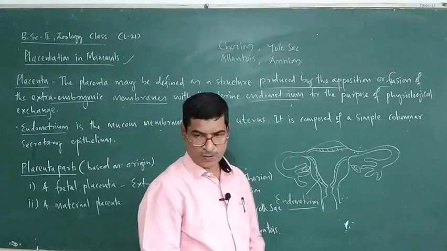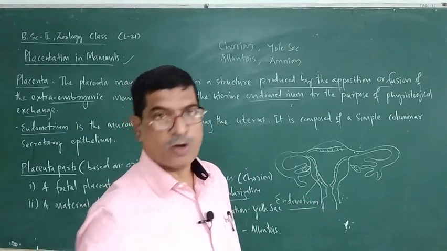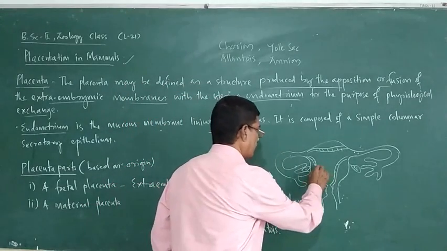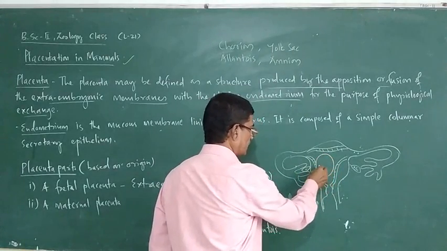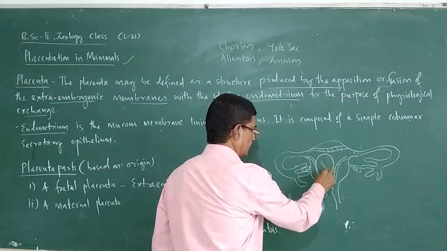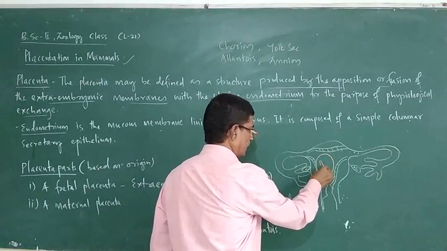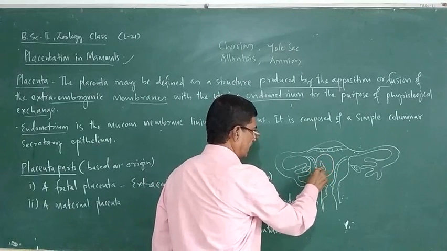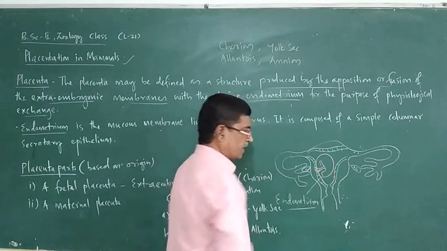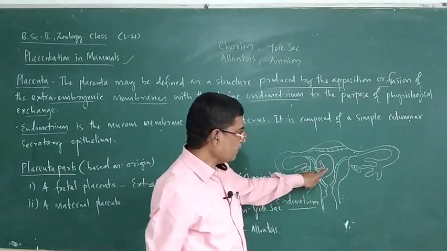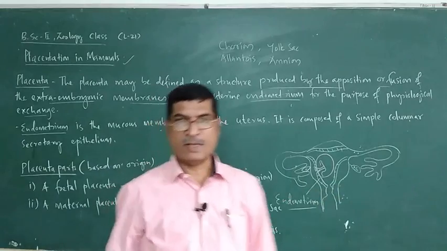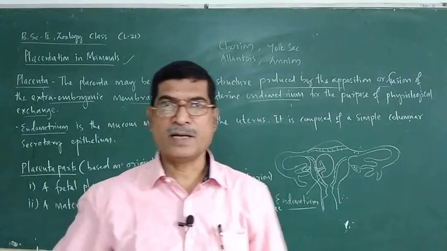To this wall, the developing embryo is attached. From here to here, there is a connection. This is called placenta. From the placenta, the embryo is connected with the help of umbilical cord.